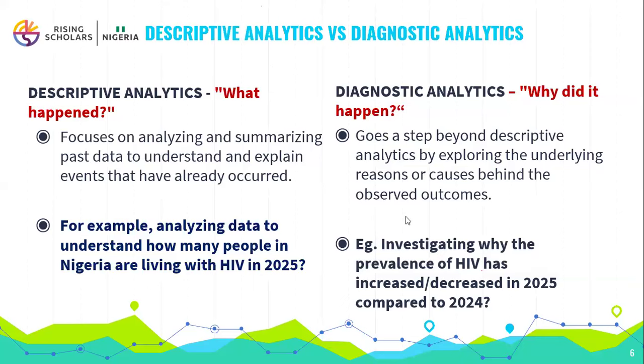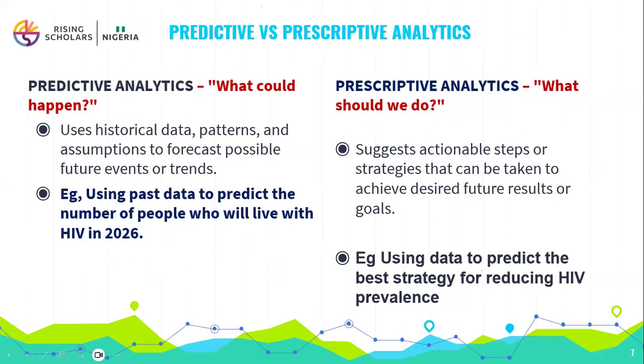Predictive analysis, or statistics, permit me to call it statistics, it's easier for me to pronounce. It tells us what could happen in the future, given what we have seen in the past and what we have seen in the present.